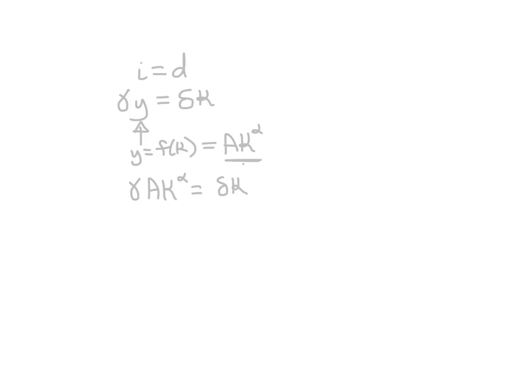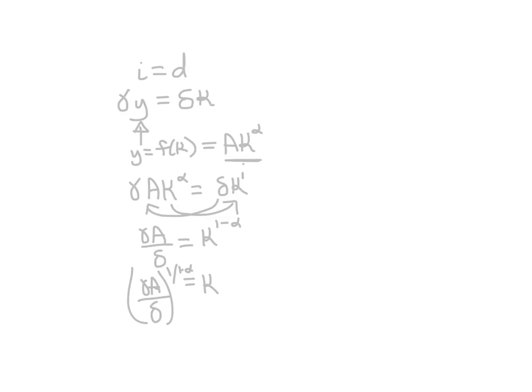So we can start by moving the K over here and the delta over here, so we get gamma A divided by delta is equal to K to the 1 minus alpha, right? We're dividing by K to the alpha, so that turns into K to the 1 minus alpha. Then to get rid of the 1 minus alpha exponent, we raise both sides to the 1 over 1 minus alpha. And that leaves us with just K on one side, and this is our steady state capital per worker.